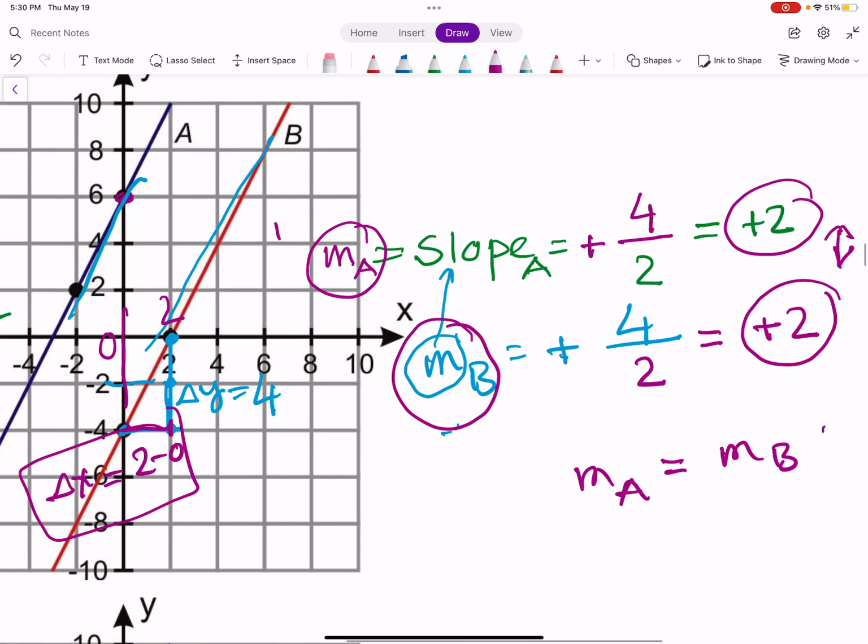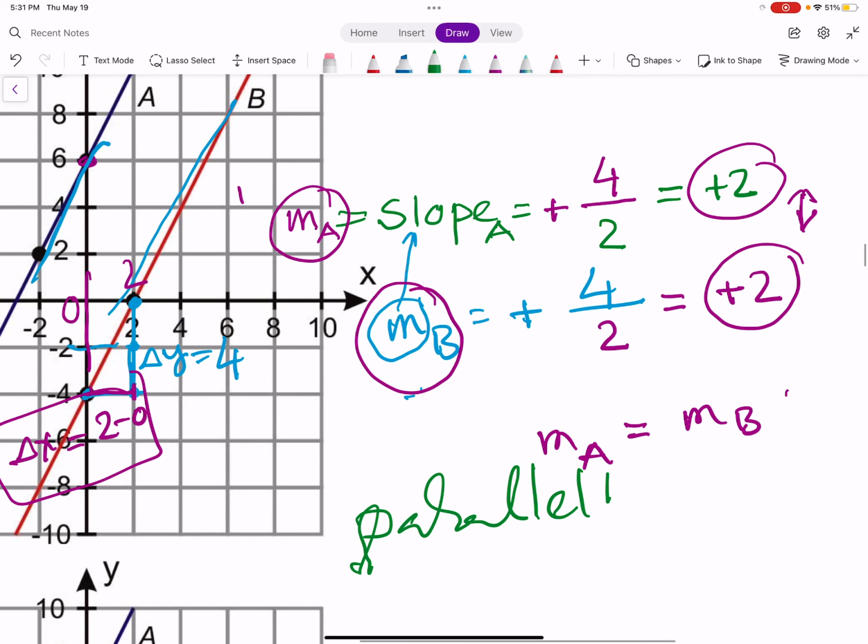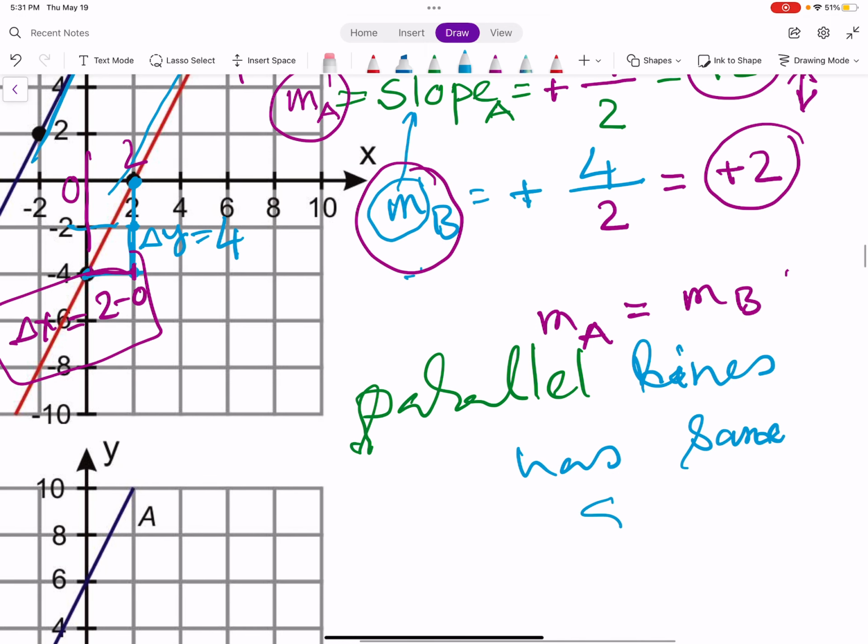So what can you conclude? You can say parallel lines have the same slope value, right?